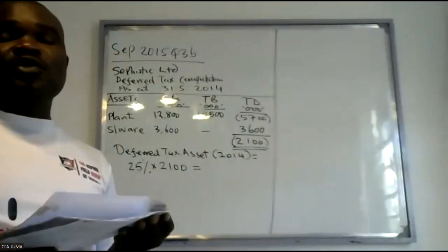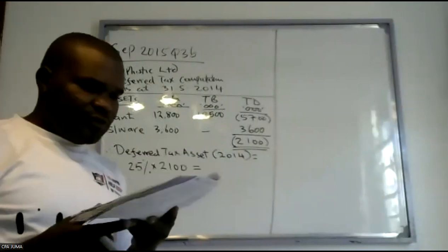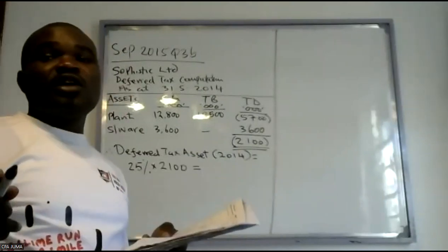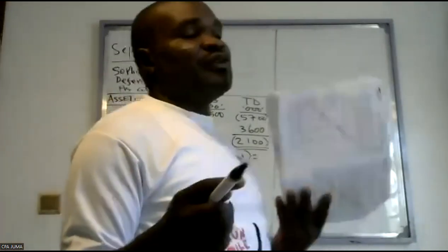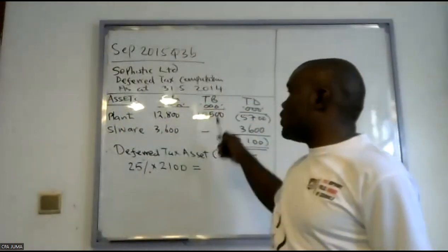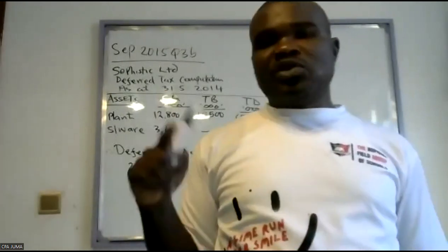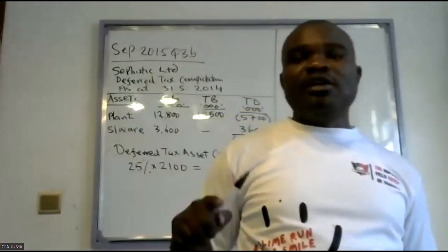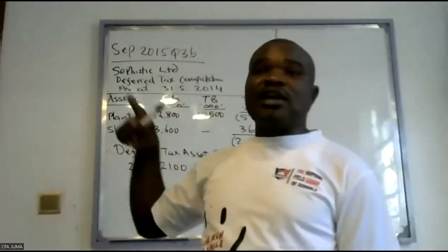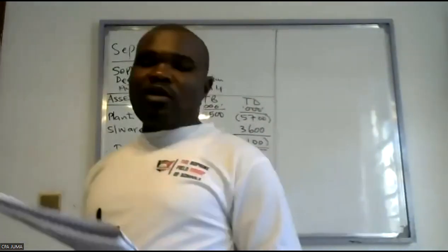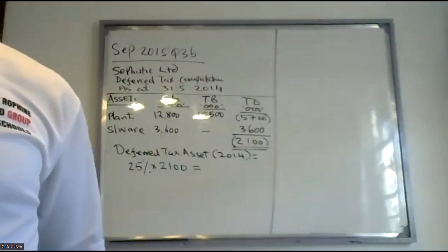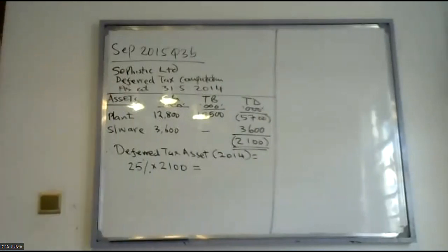So that is why they were charging 25%. But in 2015, if you check note 6, they said now it is 30. So if I was dealing with 2015, I would have multiplied by 30. But for 2014, the tax rate was 25%. I believe it is due to the fact that the company was newly listed. So how much is the tax asset there?